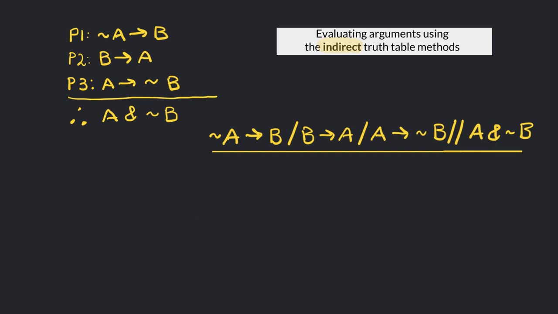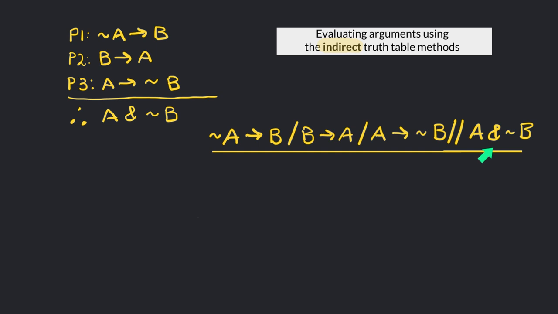But there's just two atomic statements, A and B. The other thing that's worth pointing out is that our conclusion here is different than the conclusions we've worked with in the previous examples. Those conclusions were conditionals, and those conditionals are false under only one set of conditions. That is when the antecedent is true and the consequent false.